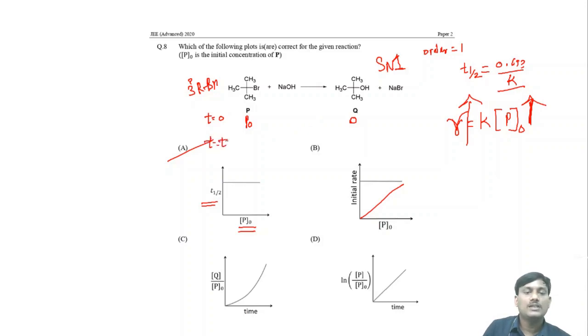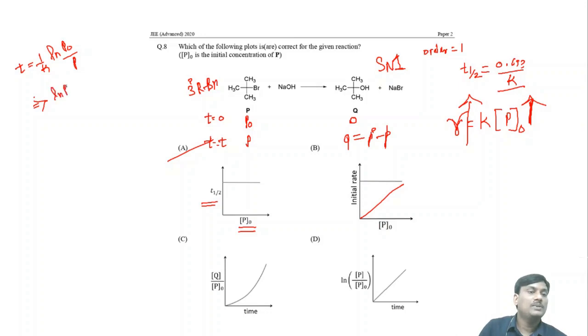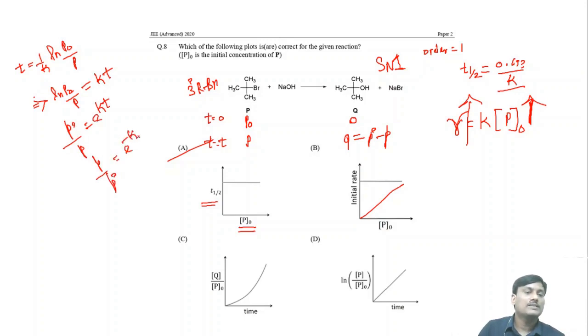At time t, let the concentration be P, then Q is equal to the difference between P naught and P, that is P naught minus P. For first order kinetics, kt is equal to ln of the initial concentration P naught by P. That implies P naught by P is equal to e power kt, and P by P naught is equal to e power minus kt.